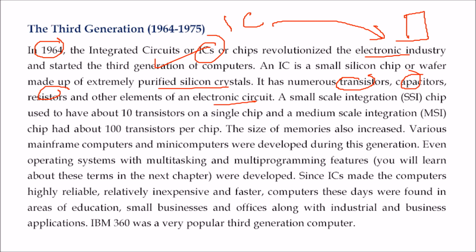SSI, small scale integration, chips used to have about 10 transistors on a single chip. MSI had 100 transistors on a single chip. The size of memories also increased, and various mainframe and mini computers were developed during this generation. The operating system, which started in the second generation, was now enhanced with multitasking and multi-programming features.